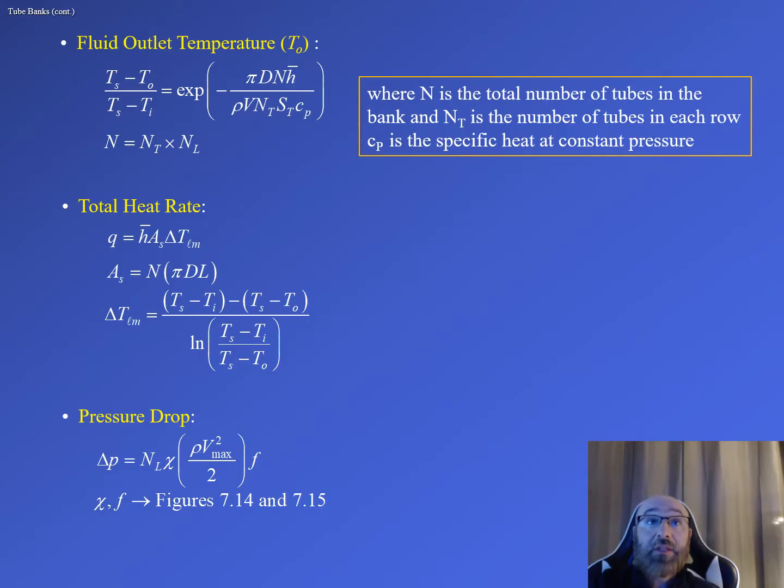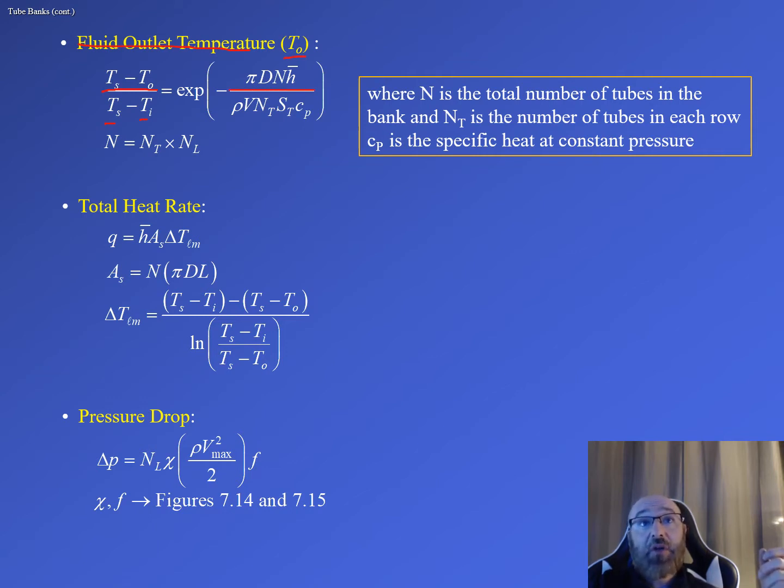So now let's take a look at this T_o, our fluid outlet temperature. We can define this in a relationship shown below, where on our numerator we have our surface temperature minus our fluid outlet temperature, T_s minus T_o, all divided by our surface temperature minus our initial temperature, T_s minus T infinity, is equal to e to the negative.